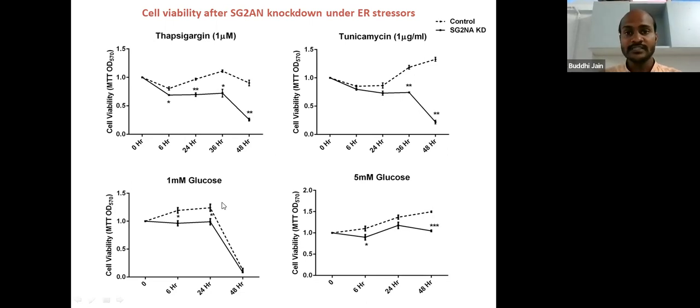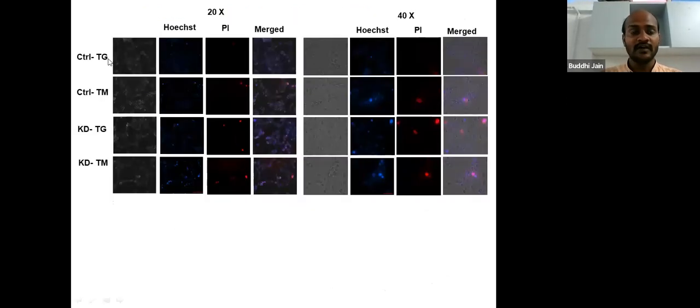We also confirmed this result with another experiment. This is the control TG, meaning control cells treated with thapsigargin, control cells treated with tunicamycin, knockdown cells treated with thapsigargin, and knockdown cells treated with tunicamycin. We treated these cells and stained them with Hoechst stain and PI staining, and these are the merged pictures.